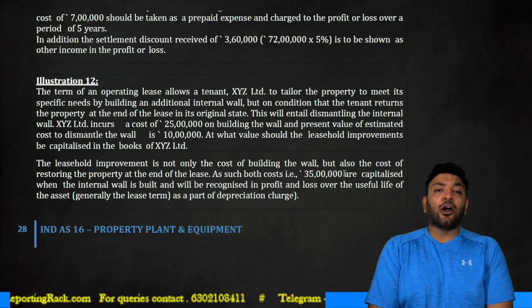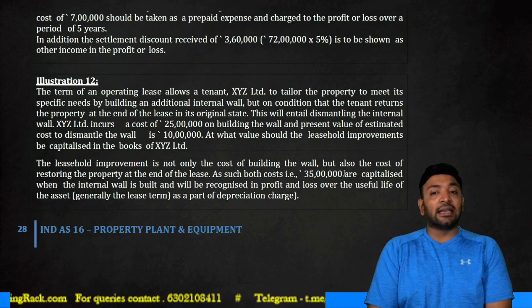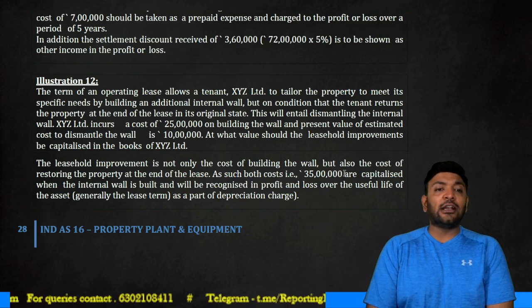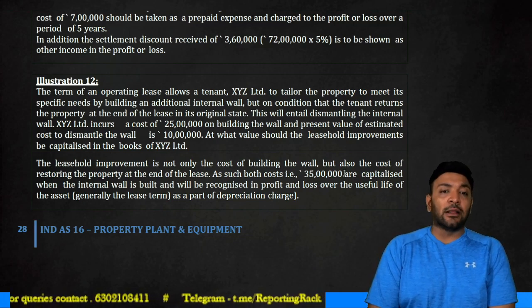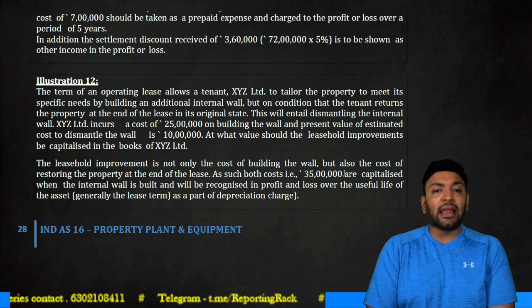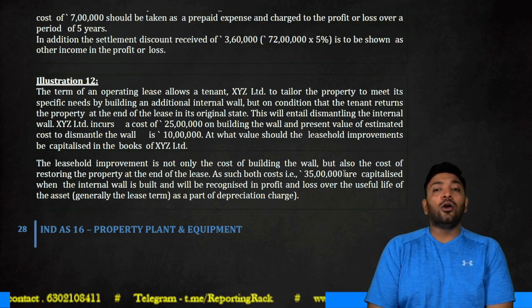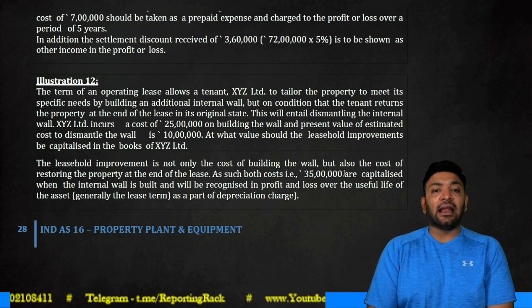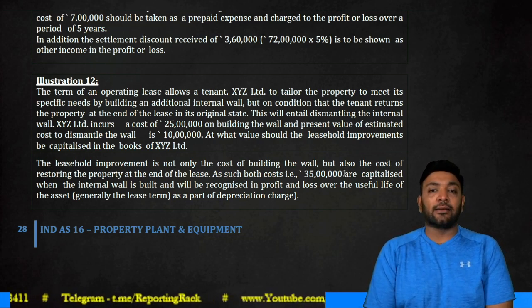The term of an operating lease allows a tenant XYZ Limited to tailor the property to meet its specific needs by building an additional internal wall, but on a condition that the tenant returns the property at the end of the lease in its original state.